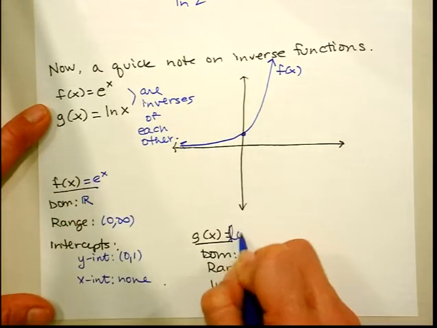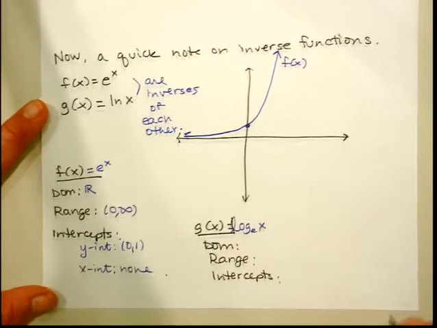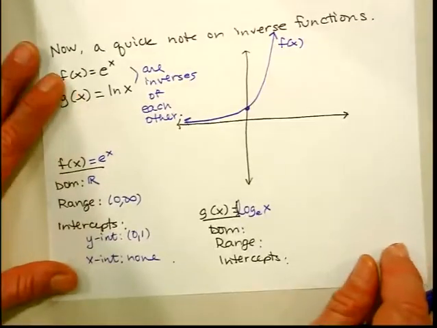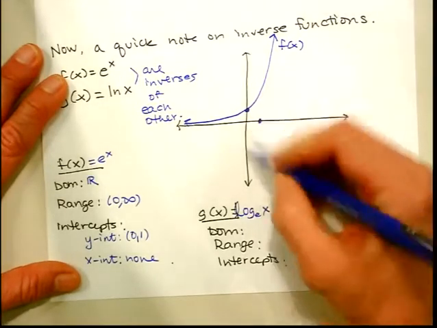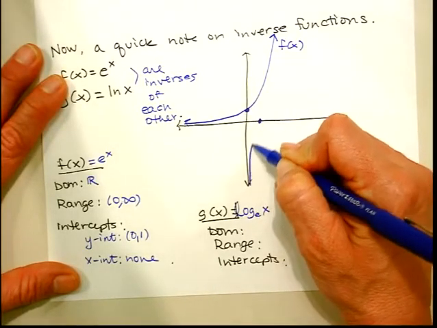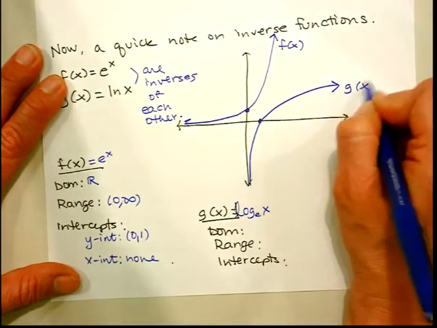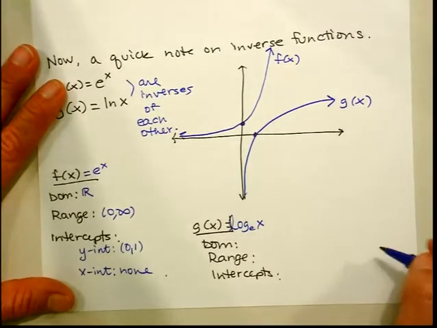So now let's look at, oh, there we go, I'll fix it. g of x equals log base e of x. Right? The other way we can write natural log of x. So just look at your other page. It's graphed on the other side. Okay, that has your asymptote here and comes out. So this is our g of x, natural log of x. What's the domain? What x values can we use?